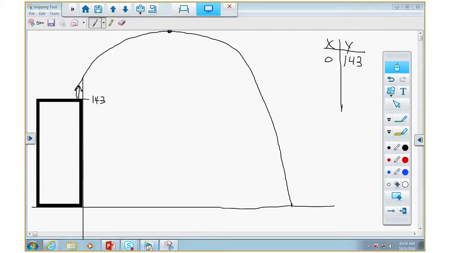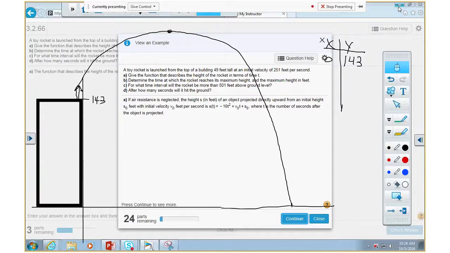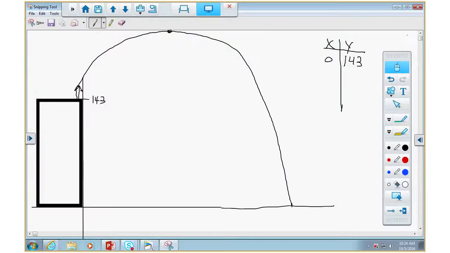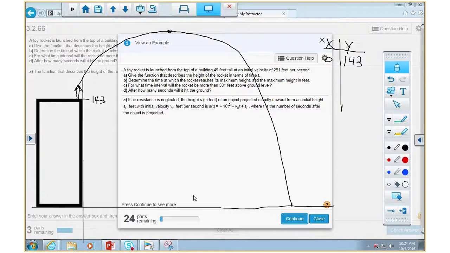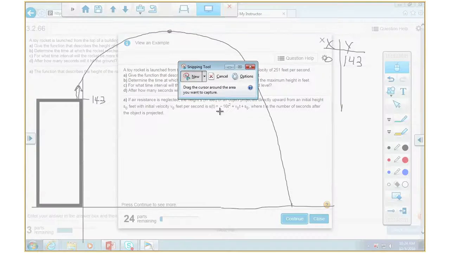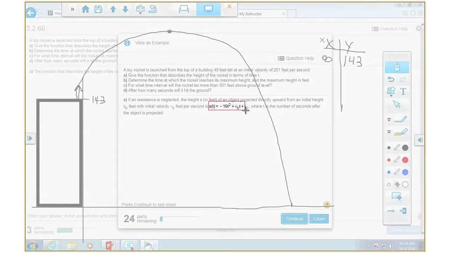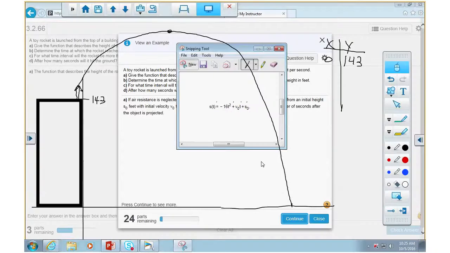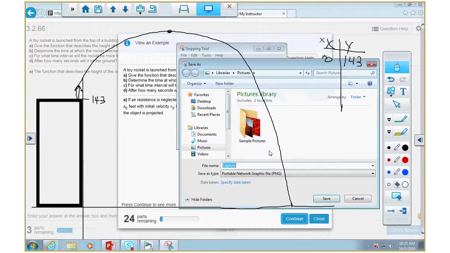But I also give y'all a review day, and I knew this would come up. I'm trying to work this snipping tool. There we go. All right, that's the formula you need to know.